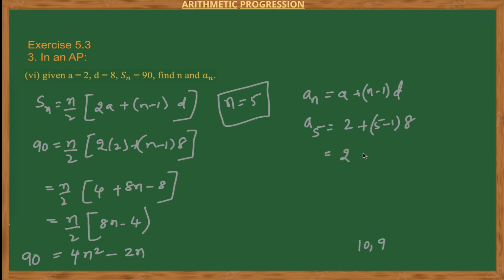So 2 plus 4 times 8, which is 2 plus 32. Further it becomes 34. So a5 is equal to 34. This is the solution for this problem. Okay, let's move to the next question. Hope this is clear here.